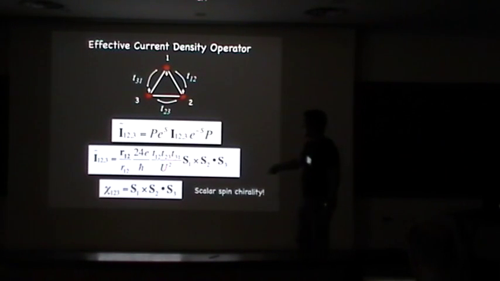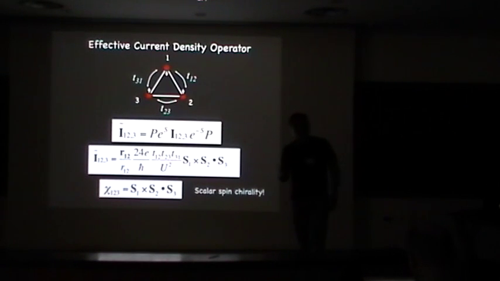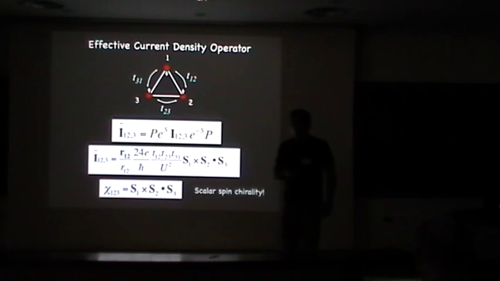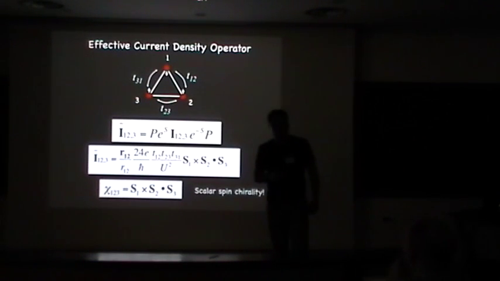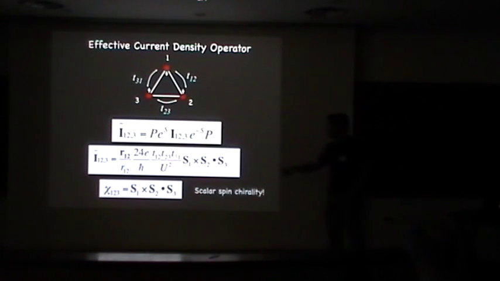And something that I would like to mention today that I didn't mention yesterday is that you can have exotic situations in which the mean value of S is equal to 0, so you don't have the conventional magnetic order, but still the mean value of this object is non-zero. And if you want to detect it, then you will have to measure this orbital current and the corresponding orbital magnetic moments produced by that. Right? And there are some examples, some compounds where people speculate you may have this kind of situation.